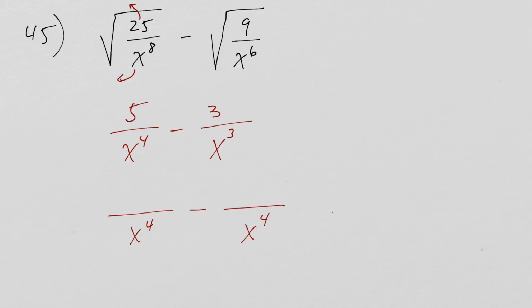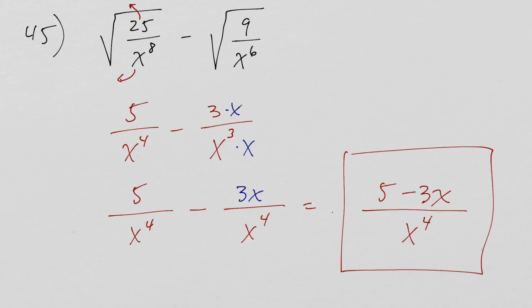Okay, this one on the left we don't have to do anything to because it's already there. But the one on the right we have to multiply by x to get to x to the 4. So this will be a 3x. And so now that we have a common denominator, we can write it all over that denominator. And we have a 5 minus 3x. Those are not like terms, so they cannot be simplified further.